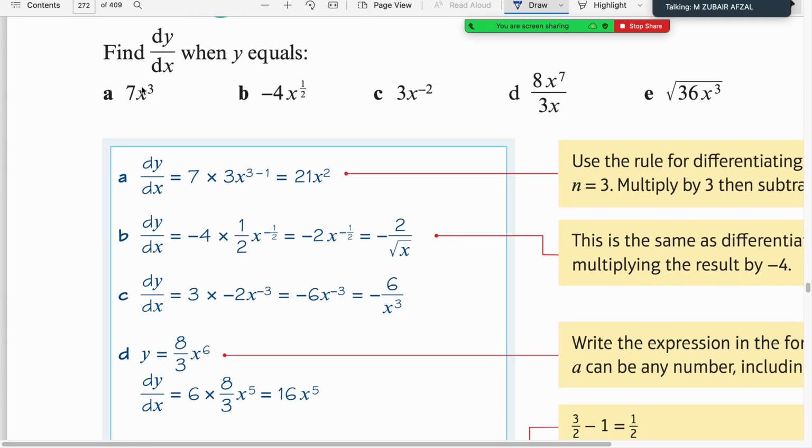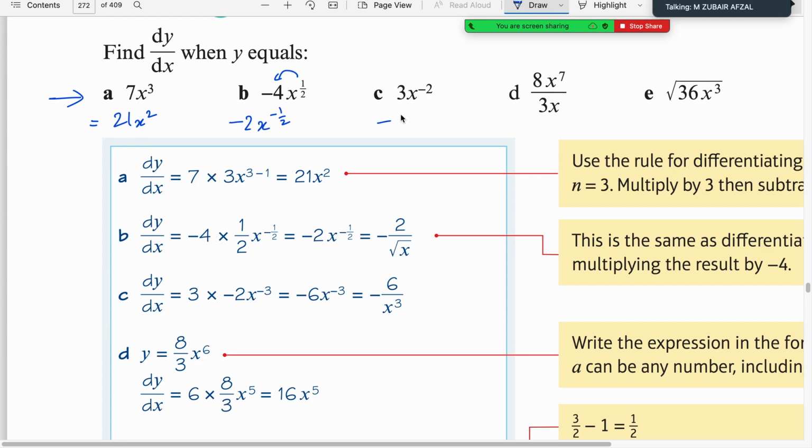Who will tell me the gradient of 7x cube? Yes, differentiate. 21x square, right? Multiplying 1 by 2 with minus 4 is minus 2x raised to the power minus 1 by 2.